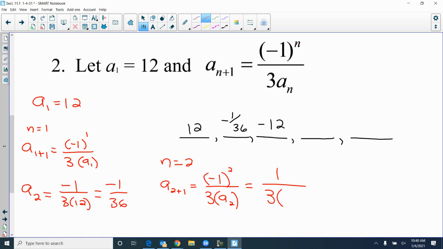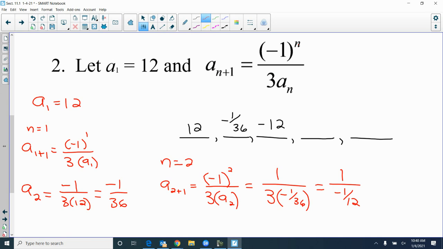What's a sub 2? It is negative 1/36. So that becomes 1 over negative 1/12. There's the 1/12. But 1 divided by negative 1/12 actually becomes negative 12. So that should be negative 12.